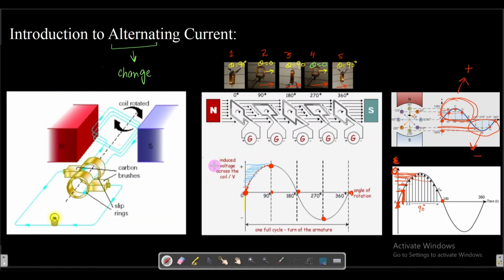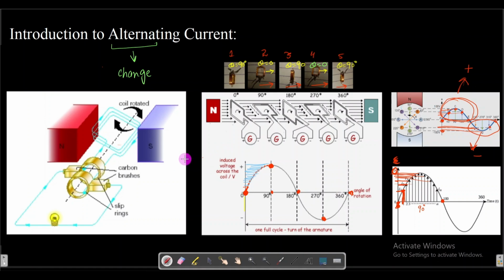But if we provide an alternating source to the circuit, the electrons will flow in sinusoidal form, meaning that they will vibrate inside that conductor. They vibrate about their mean position: they attain the maximum value, then become 0, and then again attain the maximum value.